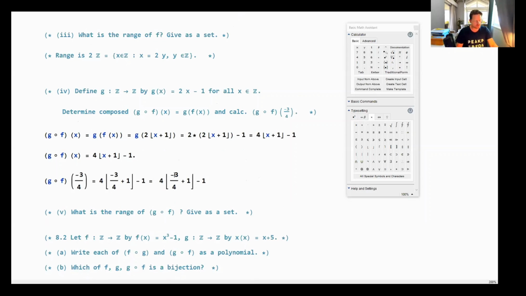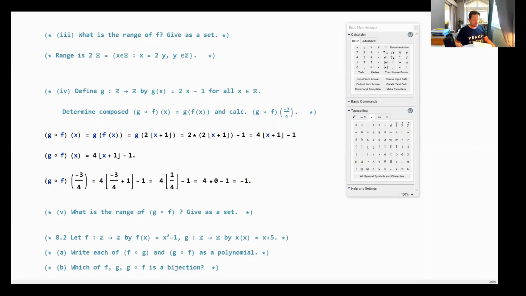Or sorry, 4 minus 3 is 1, so we've got 1/4 there. Okay, and simplifying that, the floor of 1/4 is 0. So then we have 4 times 0, then subtract 1, and this is minus 1. Okay, good. So we've completed that part of the exercise.